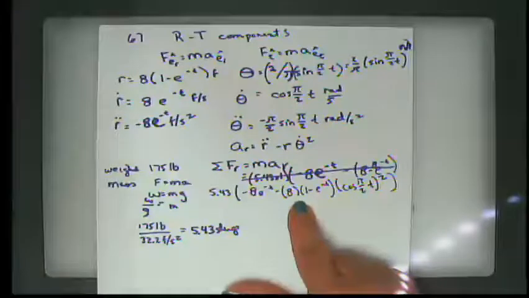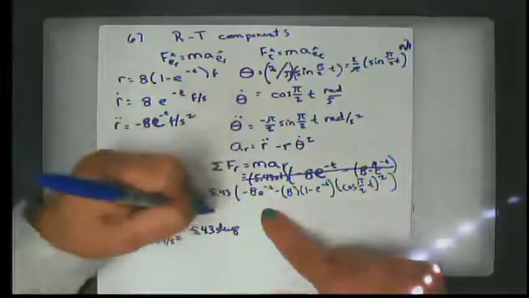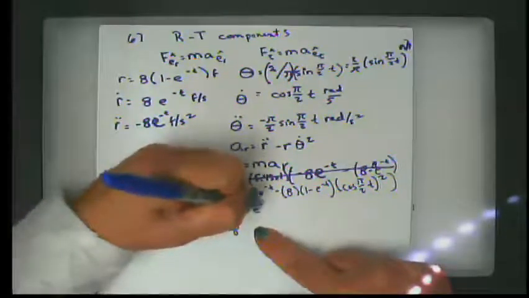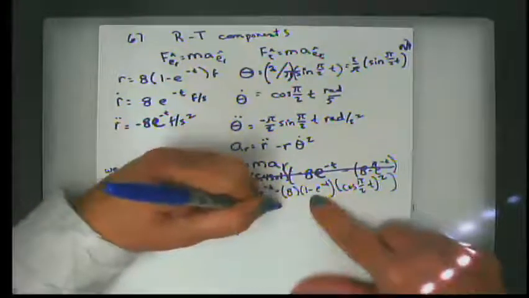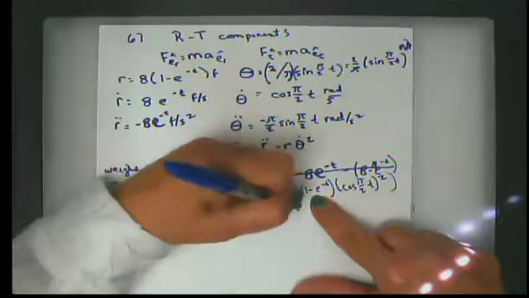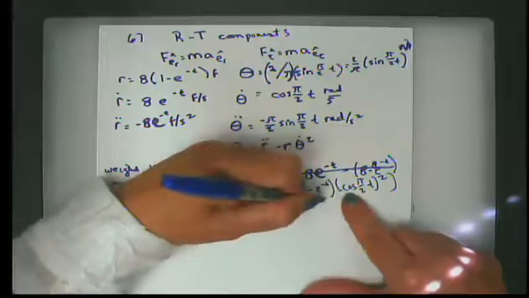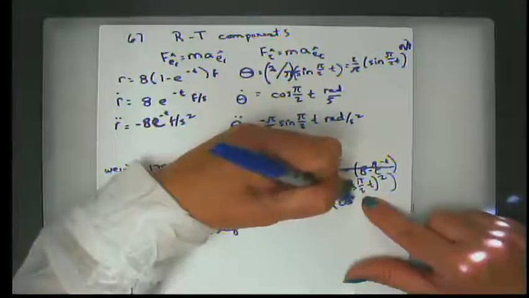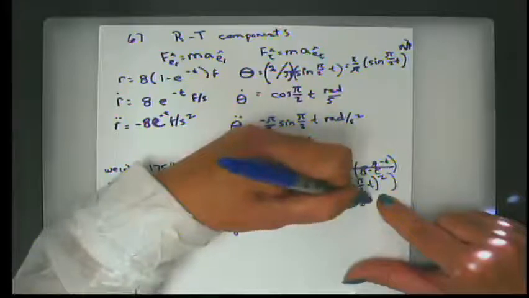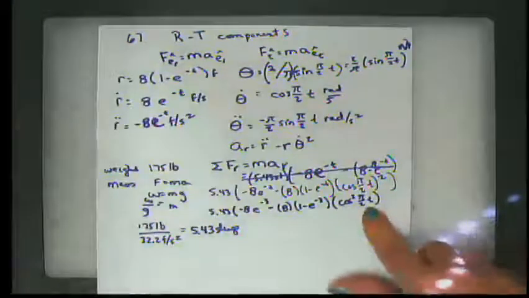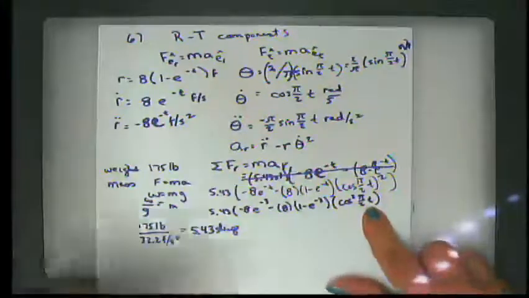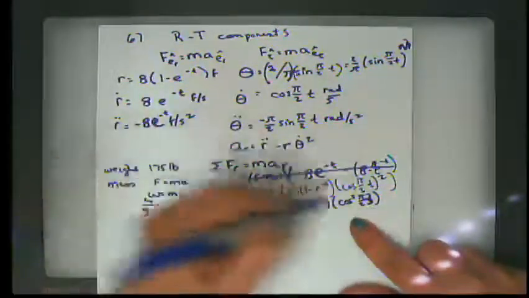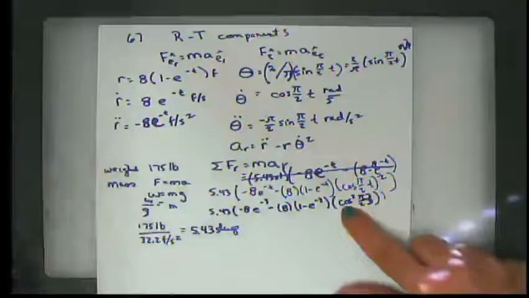Is that right? Yeah, so if t equals 3 seconds, we have 5.43 times negative 8 e to the minus 3 minus 8 times the quantity 1 minus e to the minus 3 times the cosine squared of pi over 2 times, I guess I could just put that as being 3 also. Okay? I have to remember that all of that's in radians when I take this number.